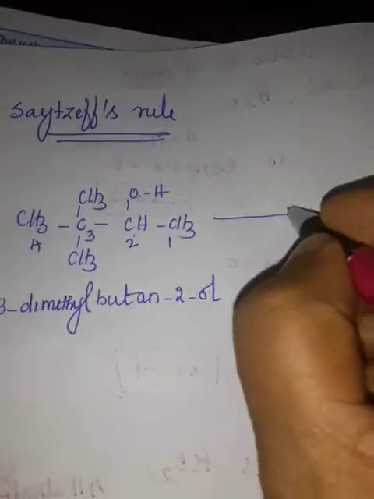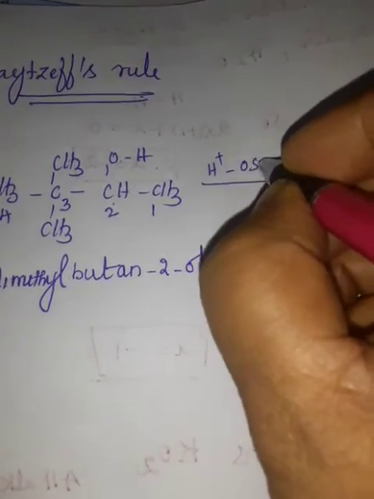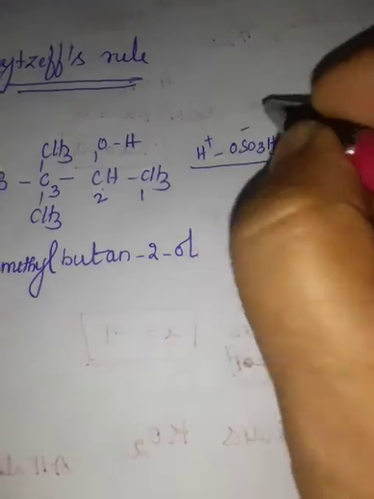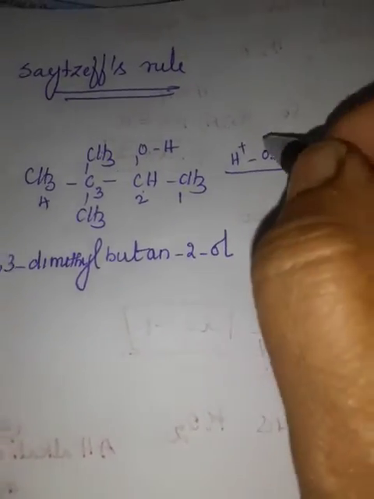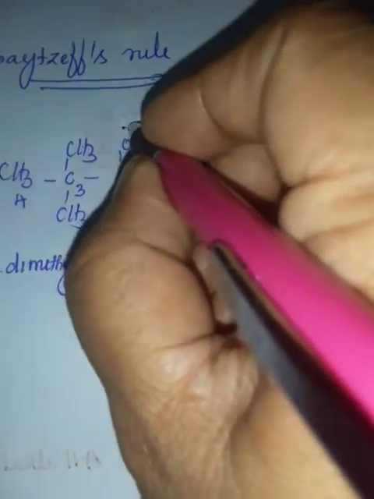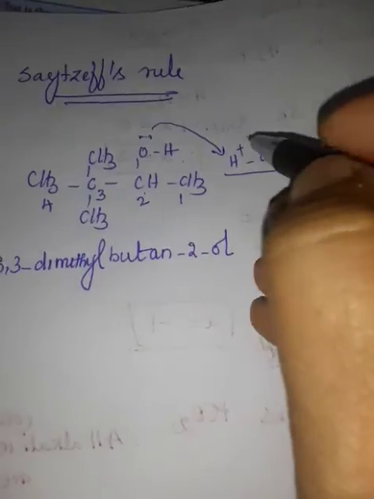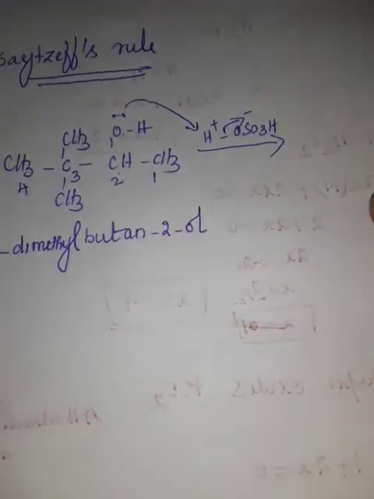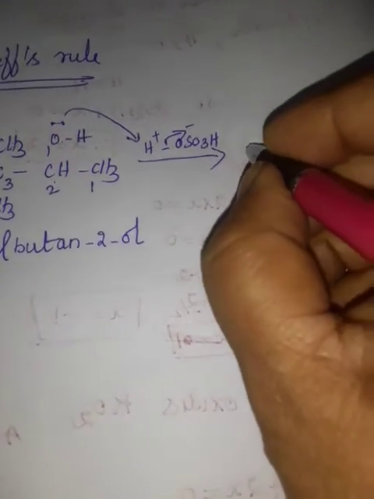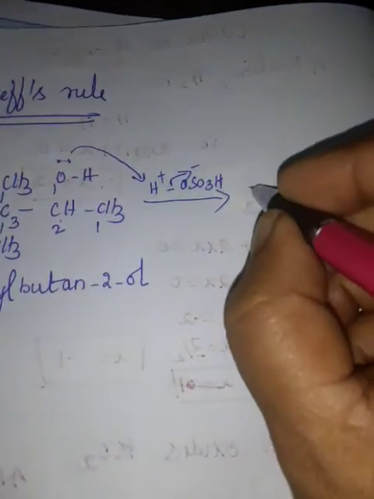So instead of the same sulfuric acid, H plus and OSO3H minus, this will be removed, and the oxygen, having a lone pair, takes this hydrogen with it. So what happens now? Just an addition of a hydrogen there, that's all. Hydrogen is added from here to the oxygen.